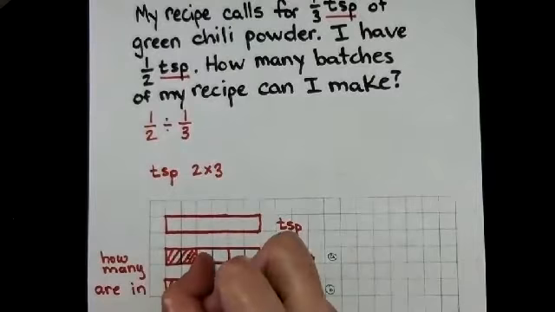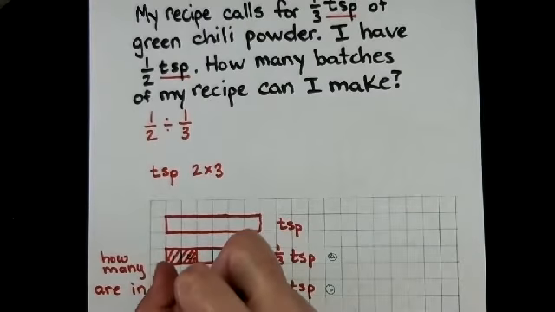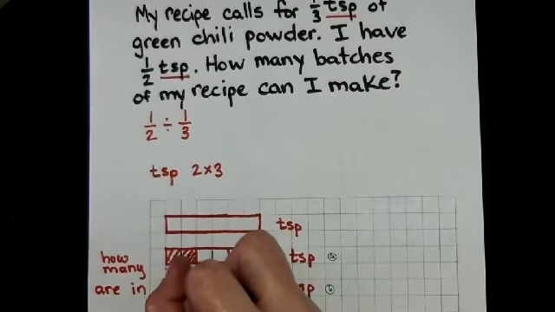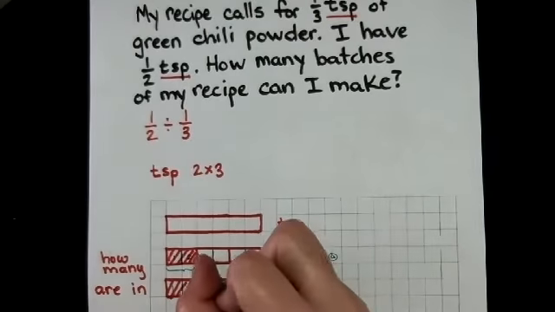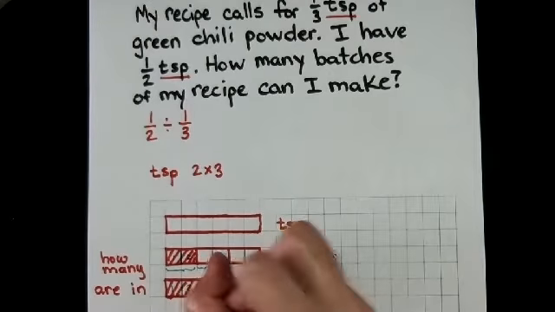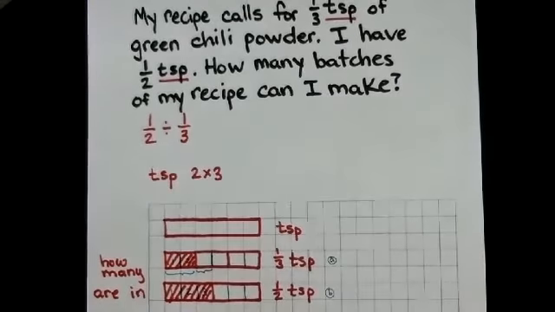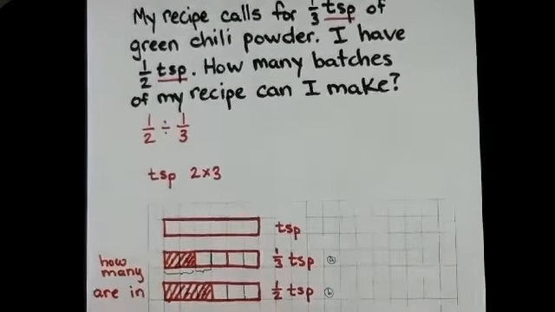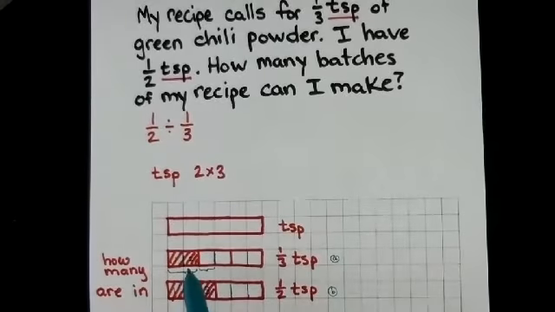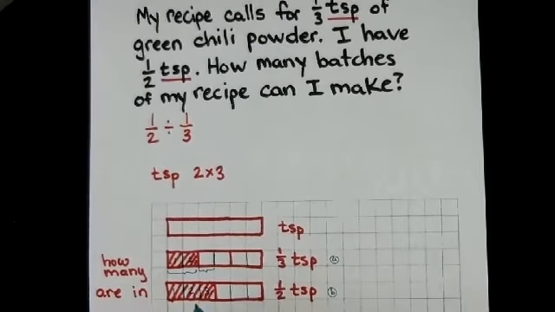And what we're getting is that we have 1 whole and a half. So we have the ability to make 1 1/2 of this shape out of this shape.